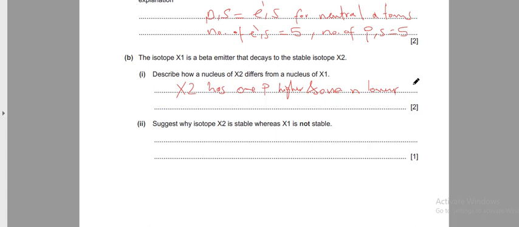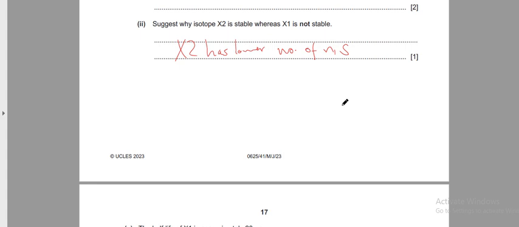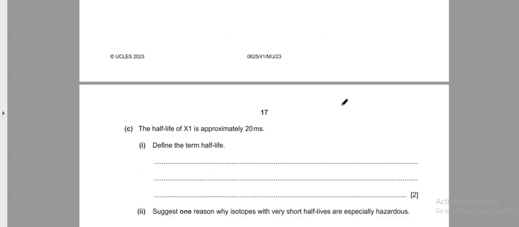So this is why isotope X2 is stable, whereas X1 is not, because X2 has a lower number of neutrons. Neutrons are the source of instability in the nucleus, or the source of radioactivity.